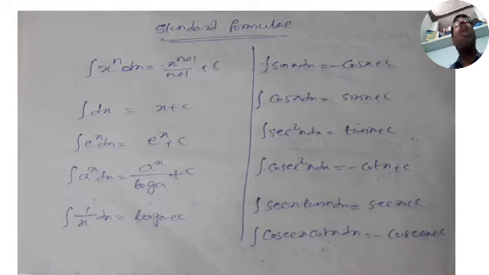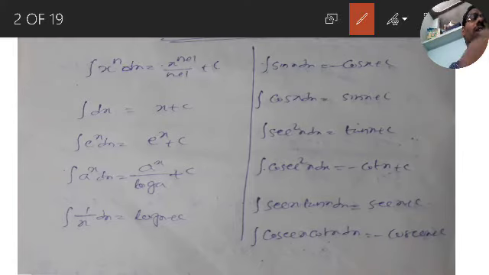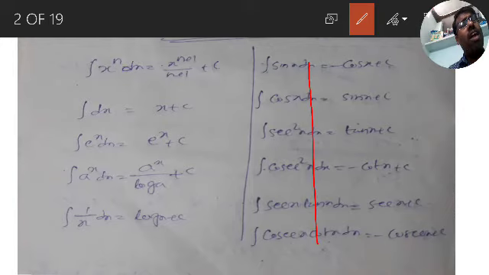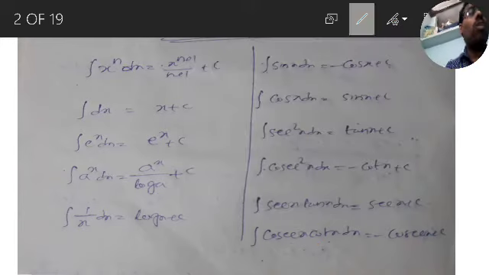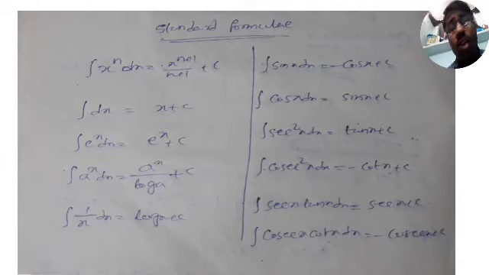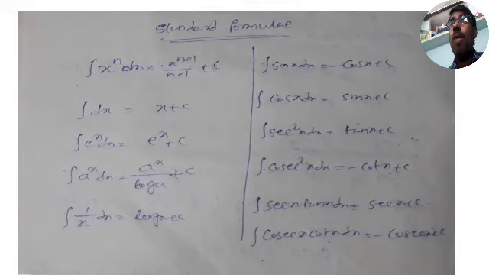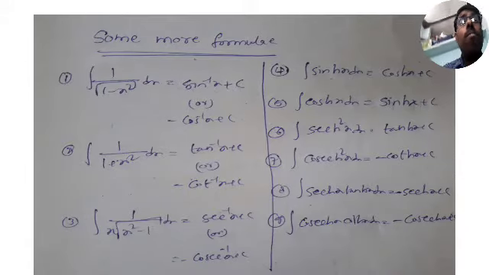What I gave? Hyperbolic. That's why I am saying this. If you know the integrations of these trigonometric functions, then you can easily write the integration of hyperbolic functions. So let us go to that slide where I gave the hyperbolic. In the second class I gave those 9 formulas. Now let us go to some more formulas.